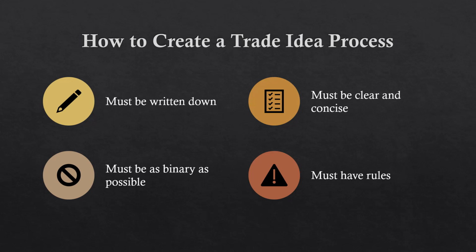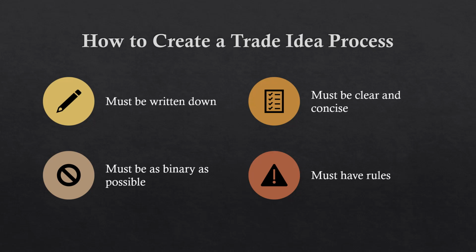If you have a rule that can be broken, there should be a reason why that rule can be broken, and it should probably be rare. There are certain cases where a rule can potentially be broken, but it should be a very rare case, and it should be a very good case. Now, for something that would be detrimental to your trading and detrimental to your account, there should be some rules that you just don't break.